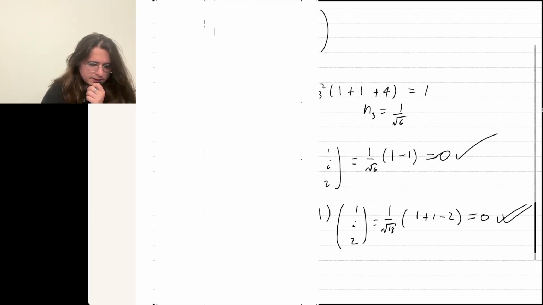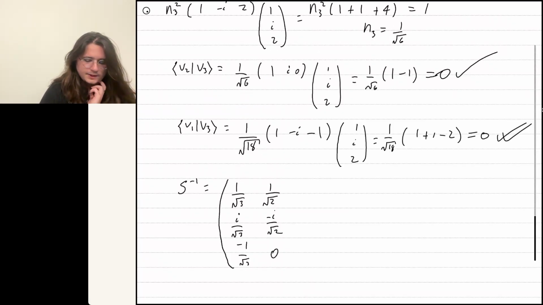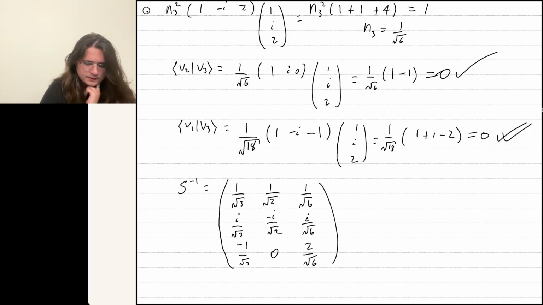Just making sure. Yep. And then 0 down here. And then V3 was 1 over root 6, i over root 6, 2 over root 6. Okay.